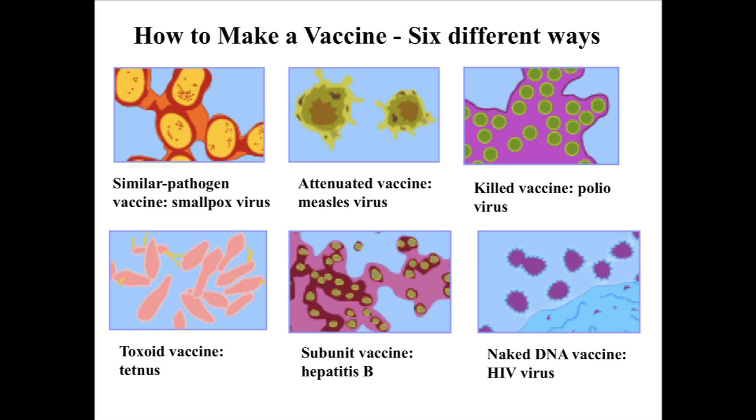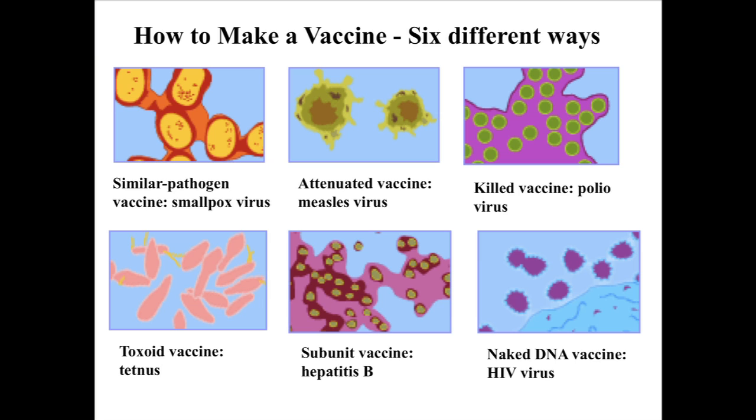So you could use a similar pathogen as a vaccine. You could also kill this live smallpox virus, but then again, some small part might survive and cause symptoms in people that were vaccinated.